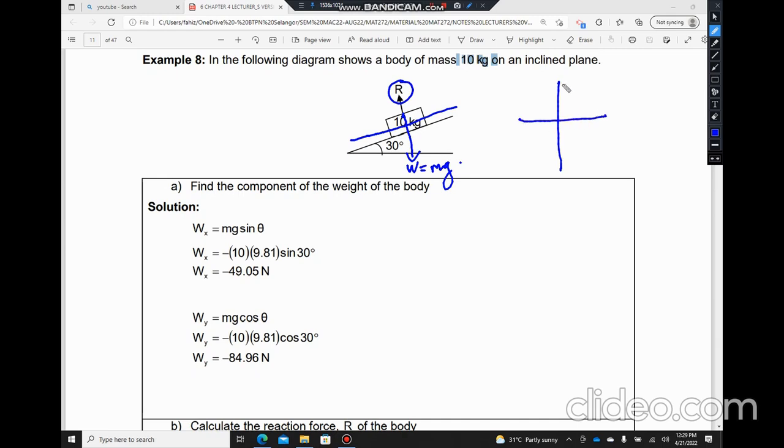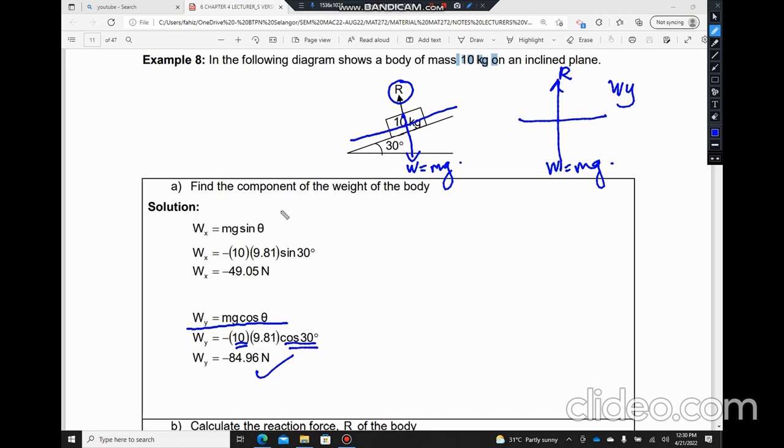So untuk vertical which is Wy, dia ada R, dia ada W equals to mg. So kat sinilah Wy equals to mg cos theta. So m negatif sebab dia ke bawah, and then g equals to 10, and then m 10, g 9.81 cos 30 degree. So you get Wy.